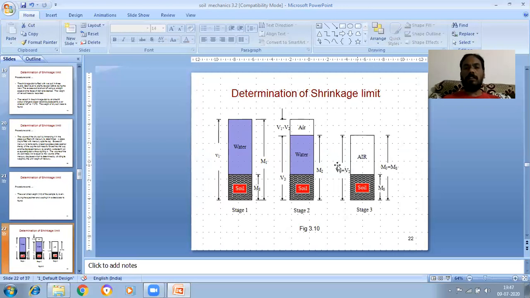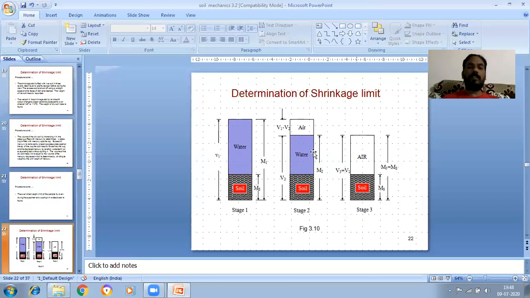Now what is the volume? Before keeping it in the oven, the volume of the soil is V2. Even here, the volume of the soil is V2 only. V3 and V2 both stay the same. At stage 3, the volume will not change. It is the same as stage 2, V2. There is no reduction in volume.